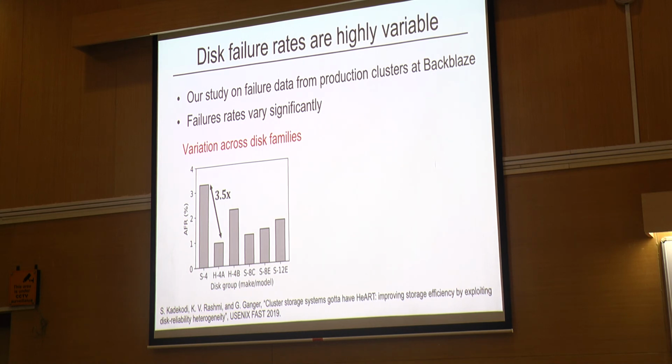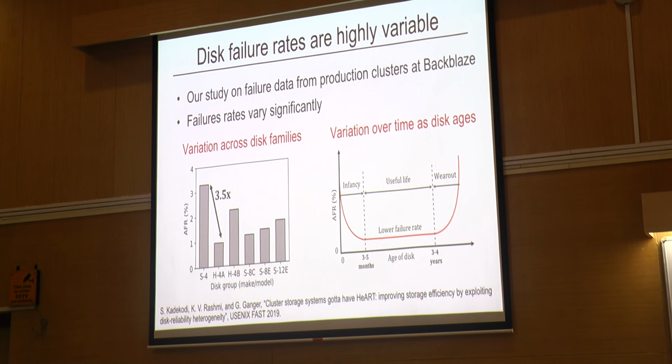In this plot, the y-axis is what is called annualized failure rate, which is basically what fraction of the disks are expected to fail in one year. On the x-axis are different disk groups. Here we've chosen different make models as groups. So there are significant differences.